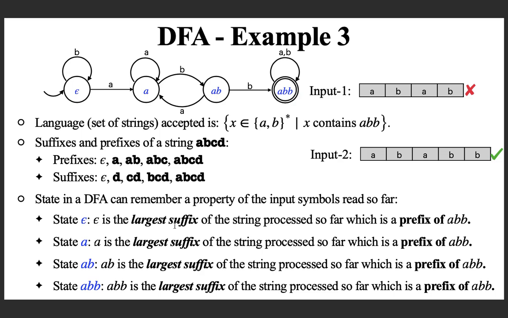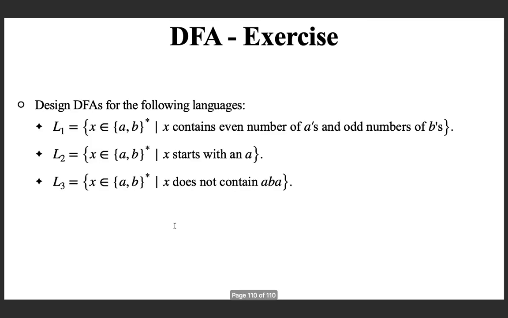And with this, I am coming to the last slide, where I am giving you 3 exercise problems for you to practice and understand how you can design a deterministic finite state automaton. You have to design an automaton for each of these languages.